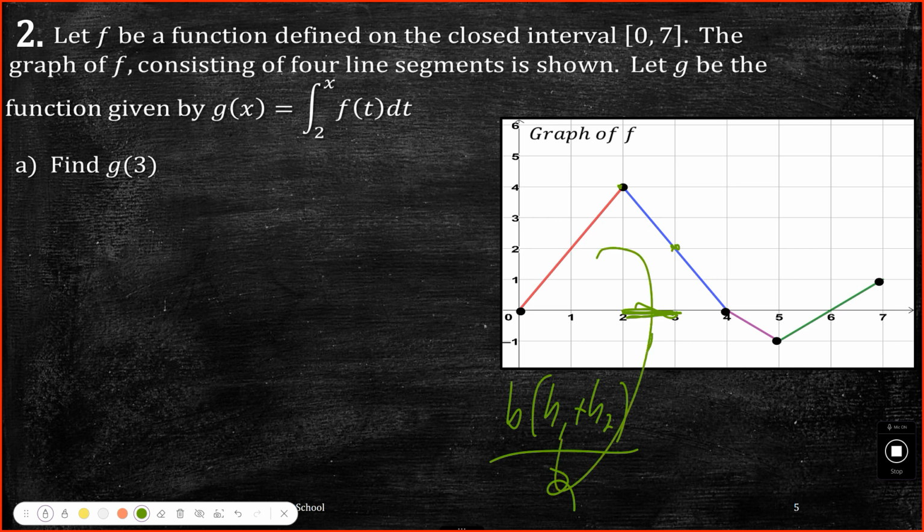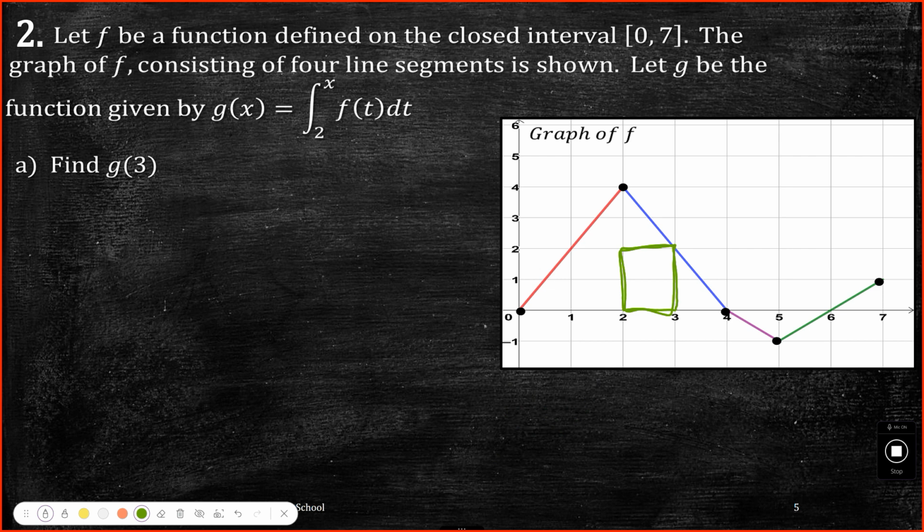Or you could do a height of 2, 2 times 1 is 2, divided by 2 is 1, plus 2 is 3. Whichever one, figure out which one you like best, how to come up with it.